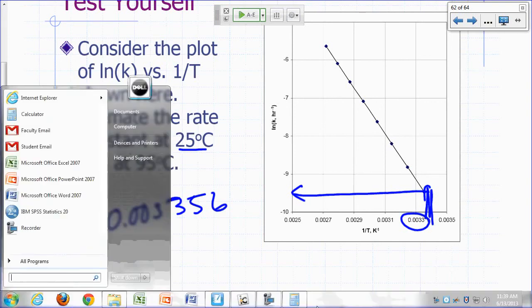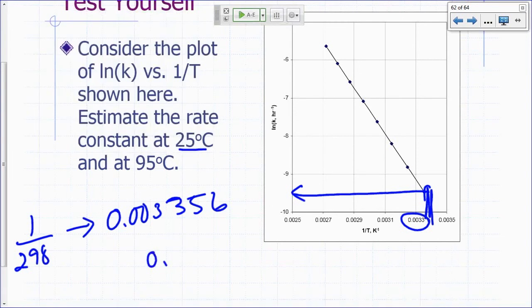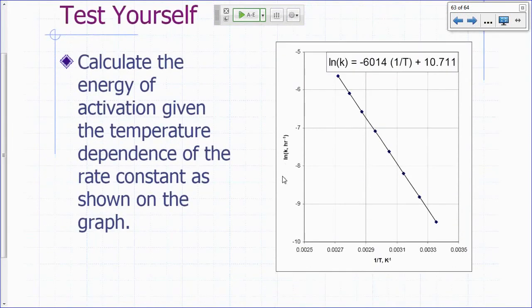What's 95? 368 Kelvin. 1 divided by 368 is 0.00271. That's right here. That's at 95 degrees. So this is the data at 95 degrees. Down here is the data at 25 degrees. Okay?